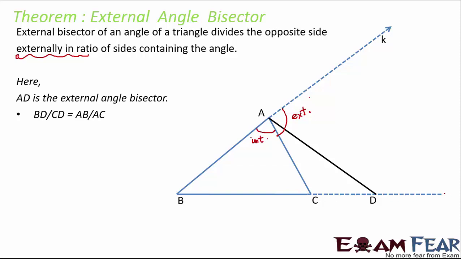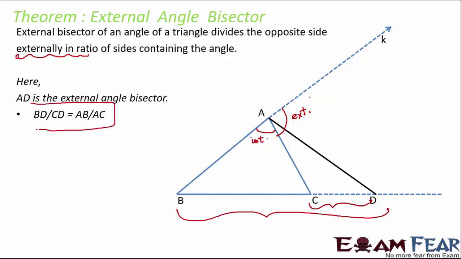When you extrapolate BC using a dotted line, then you see that AD is dividing the side BC. So it divides BC externally in the ratio of sides containing the angle. In this case, that means BD divided by CD is equal to AB by AC, that is the other two sides of the triangle. So this is the theorem of external angle bisector.